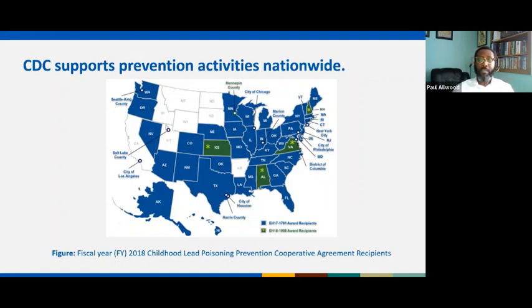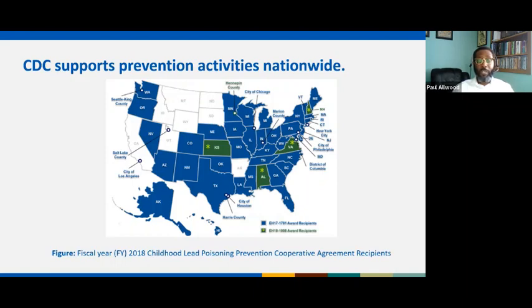This is a significant expansion of CDC's previous lead poisoning prevention and surveillance awards. However, our available budget did not allow us to fund all approved applications we received. We forecasted spending $20 million in fiscal year 21 and spent over $24 million.